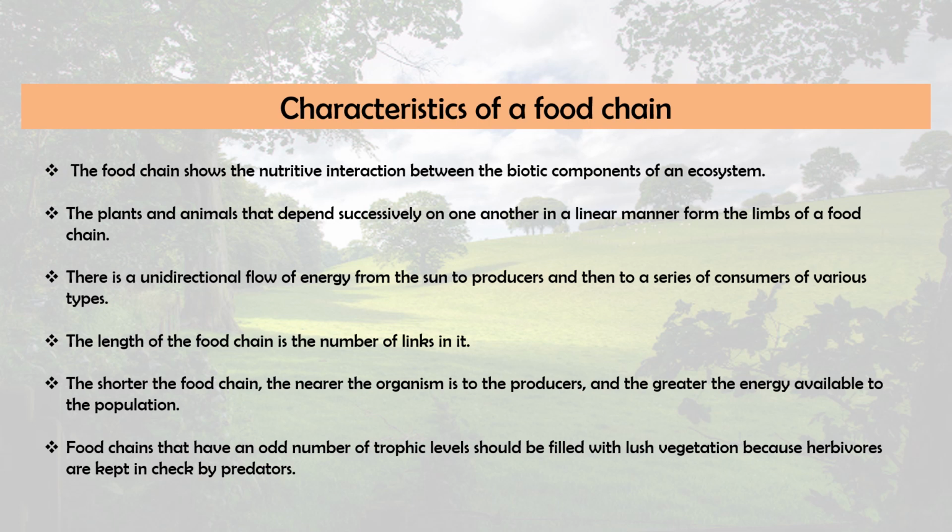But an even number of trophic levels in a food chain indicates low plant abundance, because the population of herbivores has increased in this type of food chain. And omnivores actually occupy more than one trophic level because they eat both plants and animals, so they can be placed in various food chains.